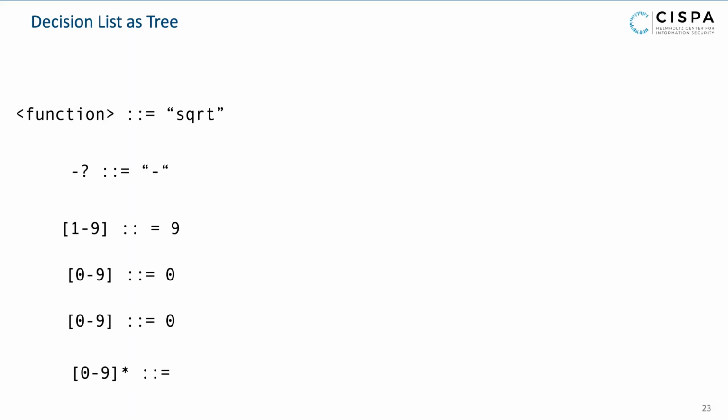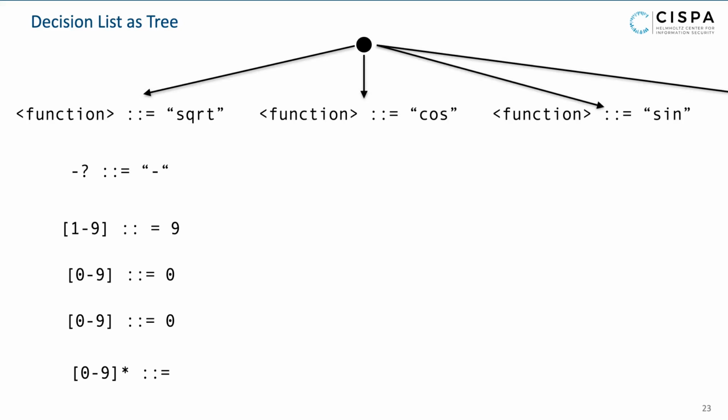Let's have a closer look at the decision list. This list contains the decisions that we made while generating the parse tree. You can think of this as a tree. In the beginning, we can choose between all the different functions. We decide for the square root function, and now we can decide whether we want the minus sign or not.